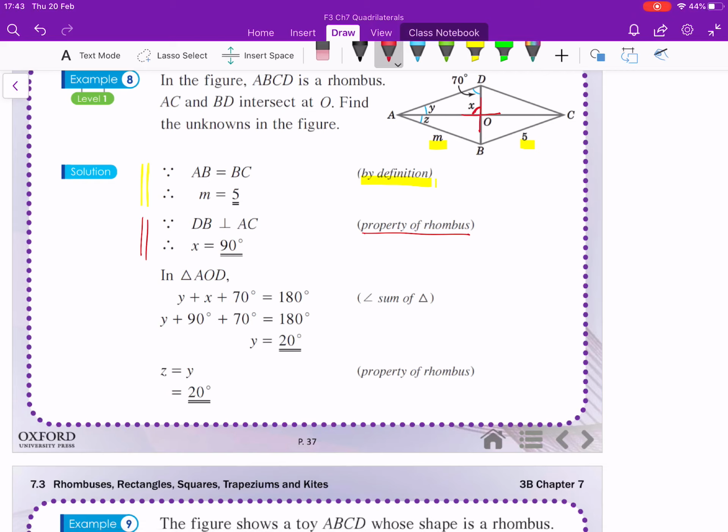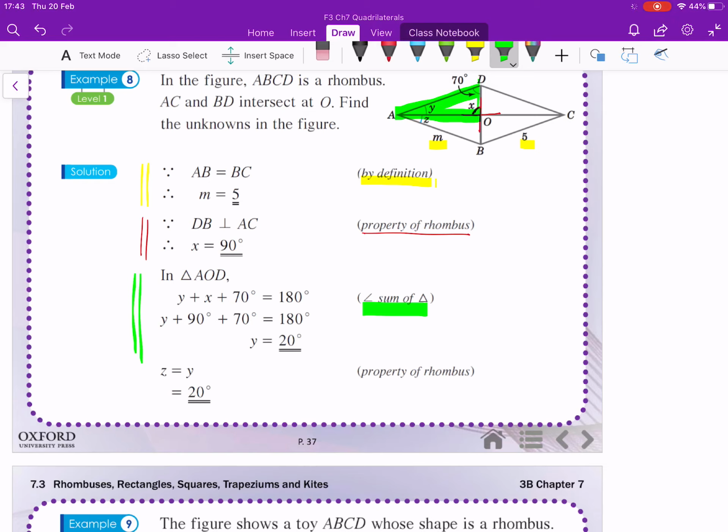And then the third one, to find out the value of y. You may focus on this triangle. In this triangle, we know that the value of x is 90 degrees. We know the 70 degrees. So by angle sum of triangle, you can find out the value of y, which is 20.